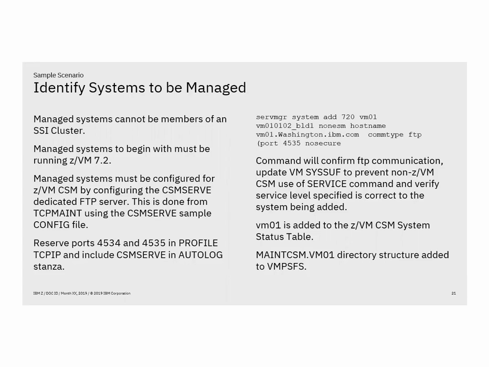And if everything works out, then it will cause the managed system to run that serve manager managed on command to flip the bit in the VM SYSUF table, and it will then create information in the directory tree under MAINT CSM for VM01.